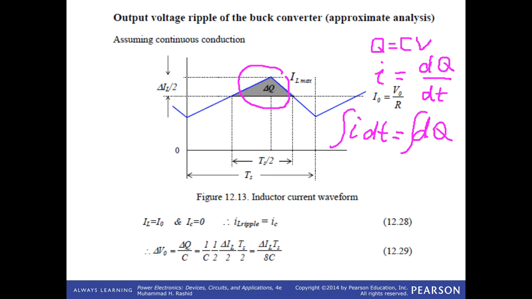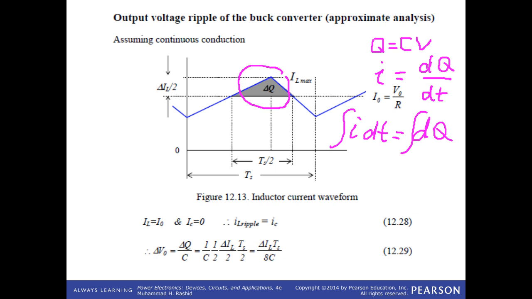Delta V, look, I'm coming here. Wasn't Q equal to CV? Delta V is equal to delta Q over C. Now we continue. What is delta Q equal to? The area of the triangle, 1 over 2 times triangle. The triangle area times delta I over 2.